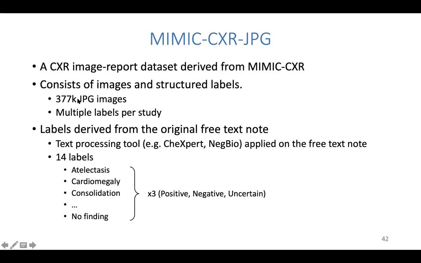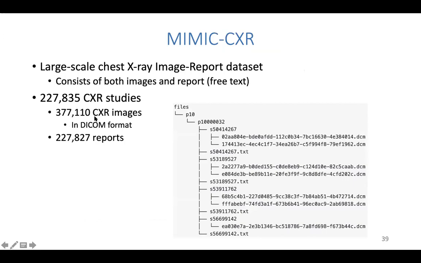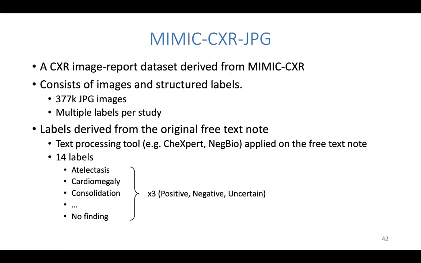Originally these images are stored in DICOM format, which is a format used by most hospitals to store radiology images. But in this JPG dataset, they converted that DICOM format into JPEG format. So same number of images, but in JPEG format.